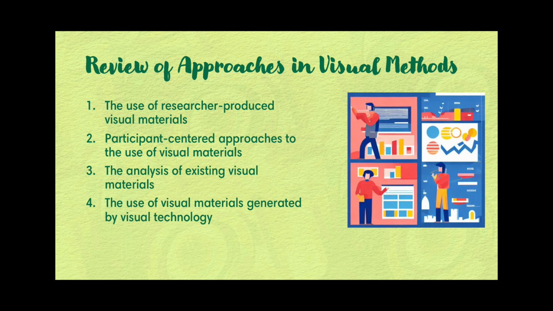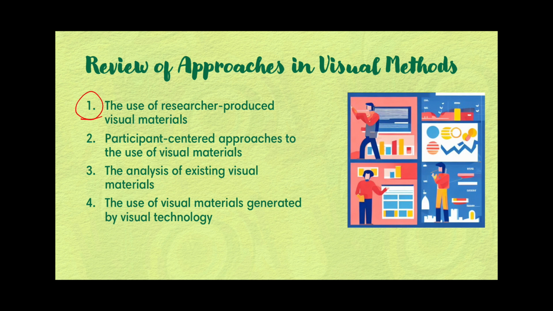And these are the approaches in visual methods and where our visual data comes from when we do visual research. So one, the possibility for us is to produce research visual material.